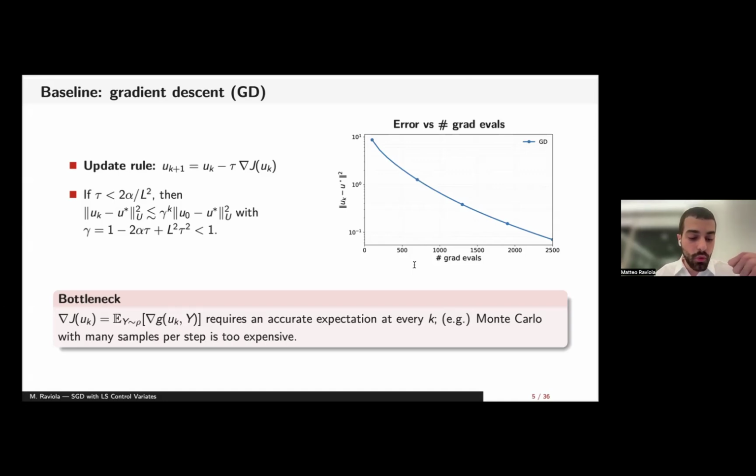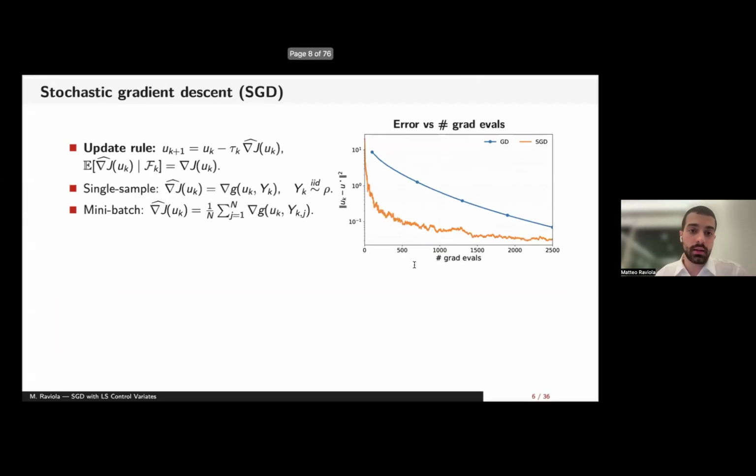So what people do normally in this setting to reduce the cost is stochastic gradient descent, another algorithm that I trust the audience is familiar with, but let's go through it together once again. Stochastic gradient descent has the following update rule. We take a step in the direction of what's called the stochastic gradient, grad J hat, which is an unbiased estimate of grad J. There are multiple versions.